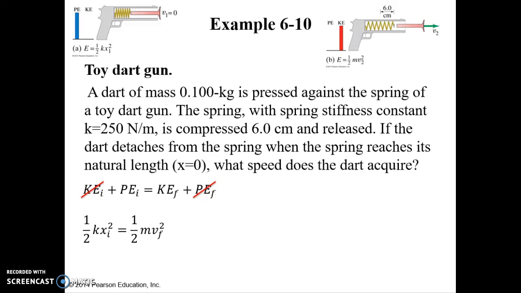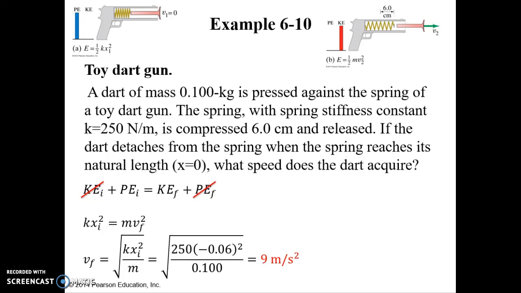Now we plug in our equations, but this time the elastic potential energy, and not gravitational potential energy, and then of course we have our kinetic energy equation. And the 1/2 cancels out. Our equation reduces down a bit, and now we can solve for our final velocity. Plug and chug, and we get 9 meters per second for the final velocity of the dart.